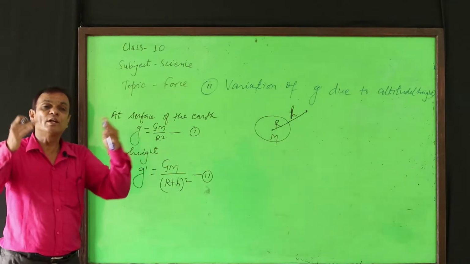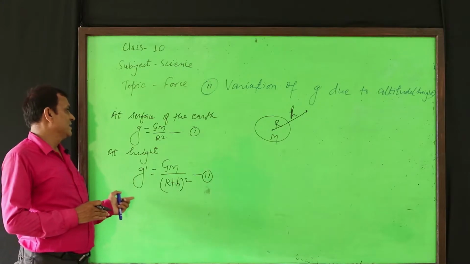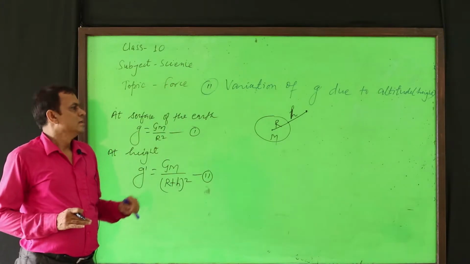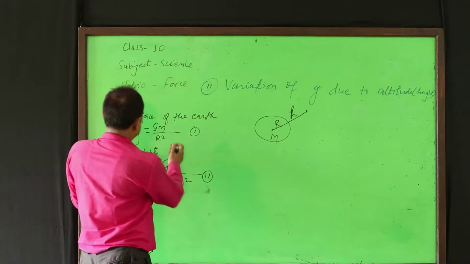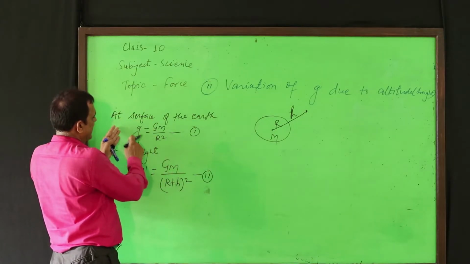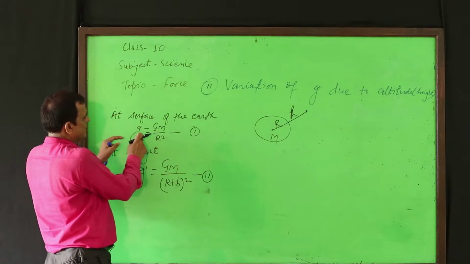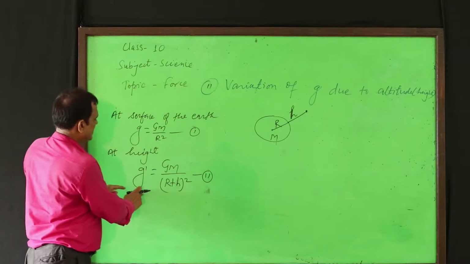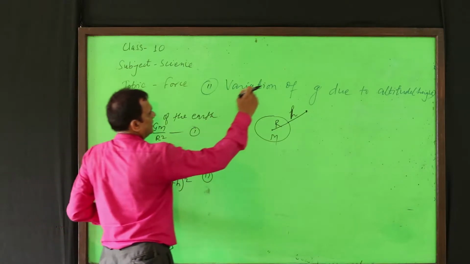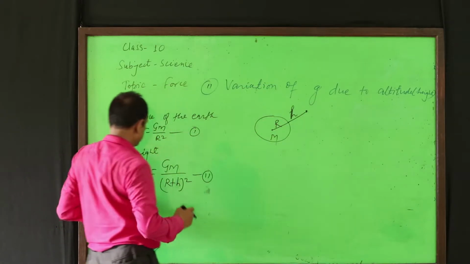At that time, which formula do you use to find the acceleration due to gravity at height or altitude? See here. This is the first equation. This is the value of acceleration due to gravity on the earth's surface. This is the acceleration due to gravity at height from the earth's surface.